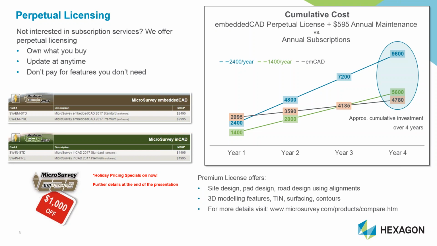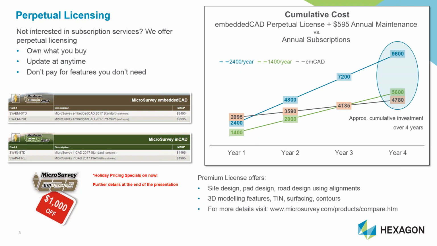I've just created a rough chart here comparing an embeddedCAD perpetual license plus an annual maintenance over 4 years versus yearly subscriptions based on $1,400 a year and $2,400 a year. You can see the initial investment is slightly higher with embeddedCAD, but after 3 years you're already ahead.